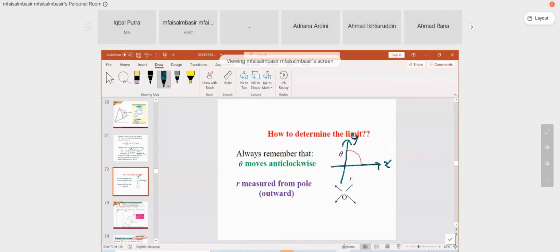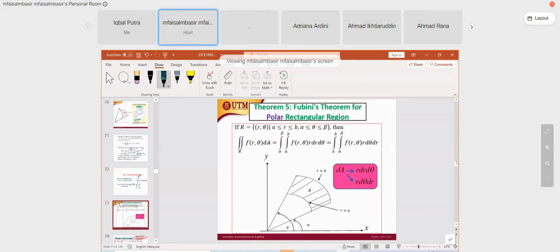Your R should go outward from the pole, from the origin, and always positive. No negative R here. I told you, we don't want R d theta dr. Just this.